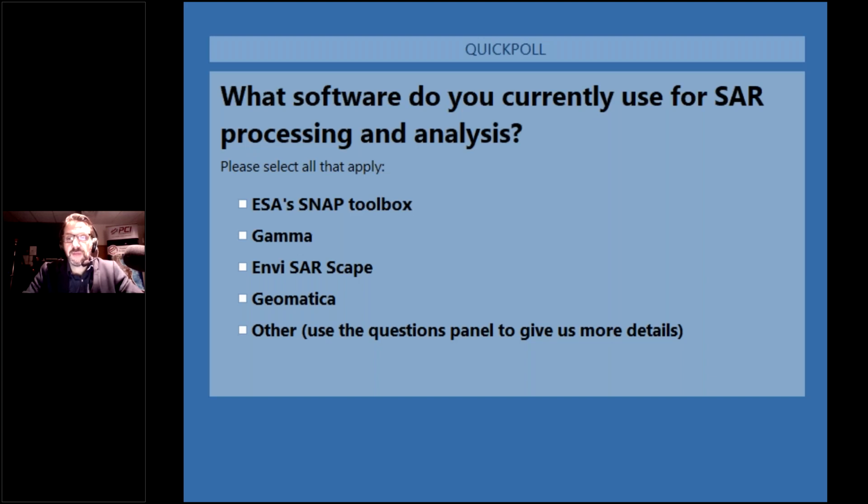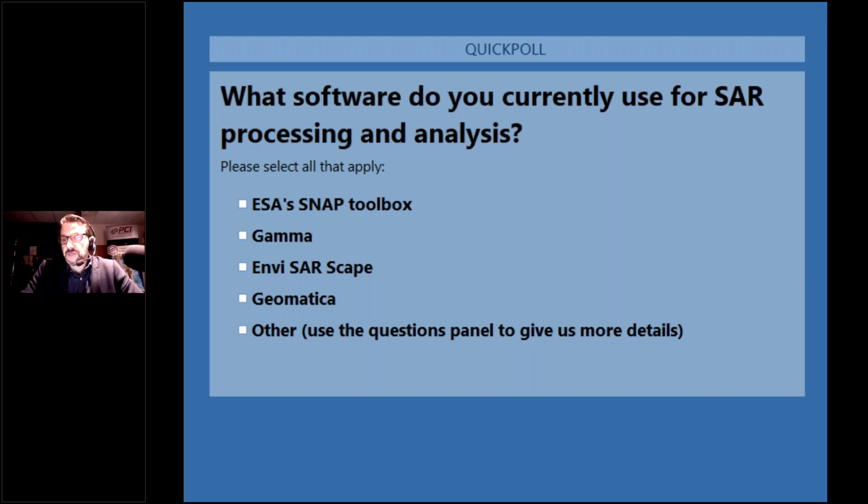If you are using something else, we're curious to know what it is. Don't be afraid. You can type in the answer in the questions panel. It'd be interesting to see what you're using. We don't have an exhaustive list of everything here, obviously. But if you're using something else, maybe it's some code that you've written yourself, or it's some other open source thing that we haven't thought of, we'd just be curious to know what you're using.